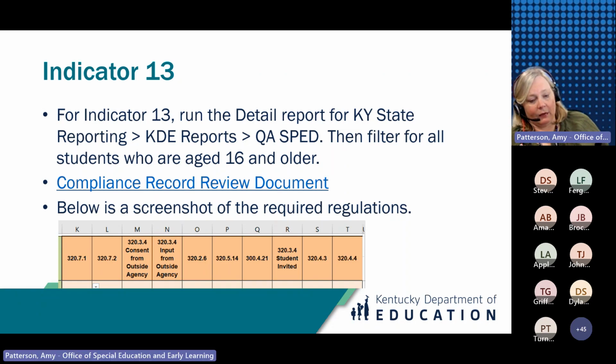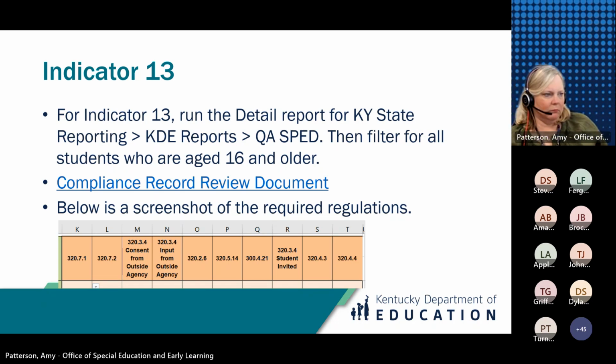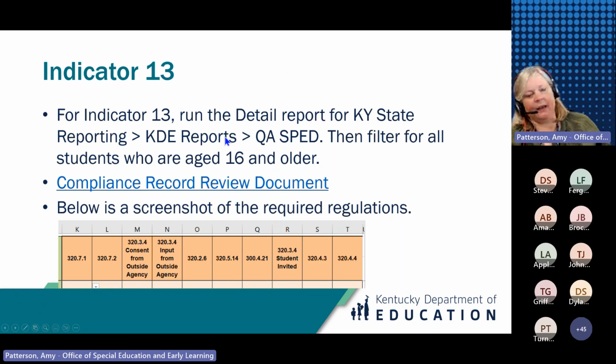If you have 1,000 kids who are 16 and older, or 1,000 kids on your indicator 11 list, don't give me more than 50. So it's 10%, no less than 10, no more than 50. And some of you, I realize, don't even have indicator 13 because you might be from a K-8 district, and that's fine too. Just write that on there somewhere.